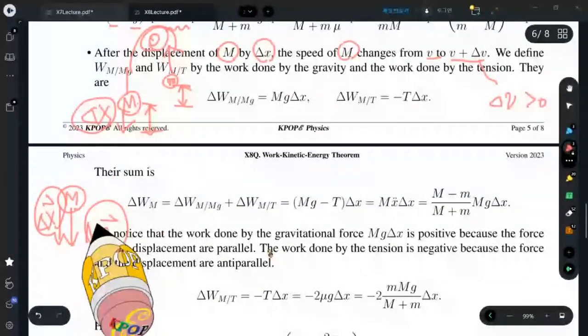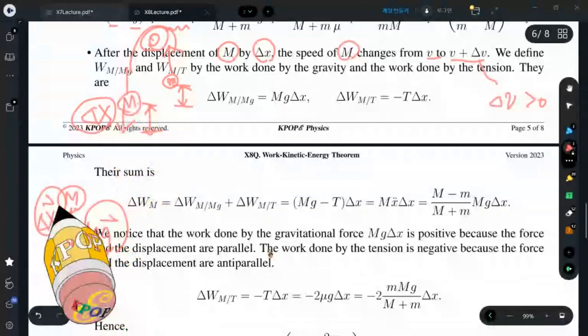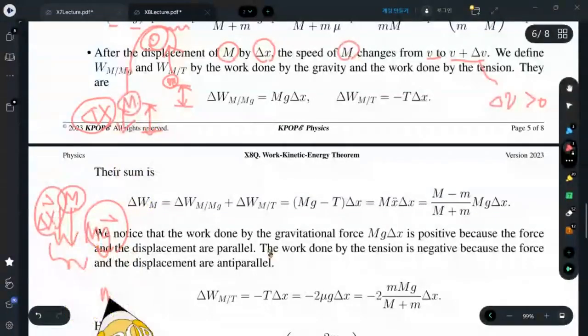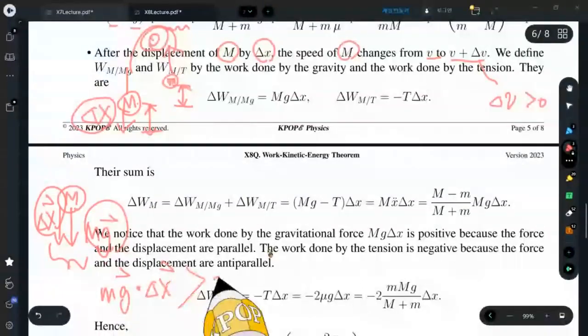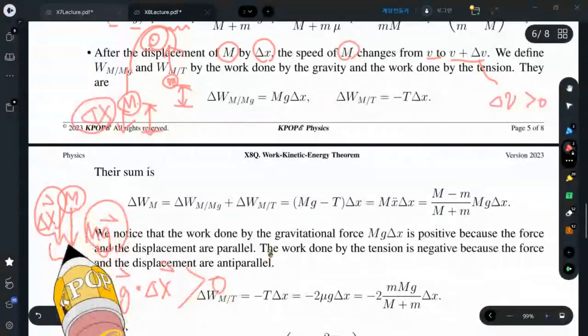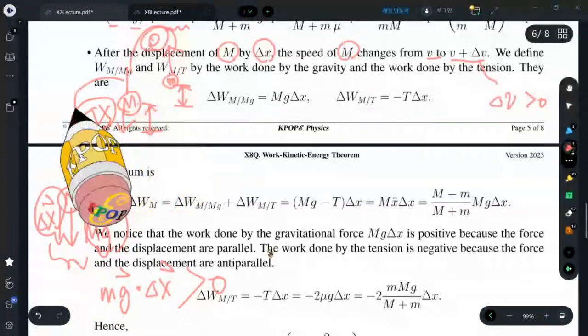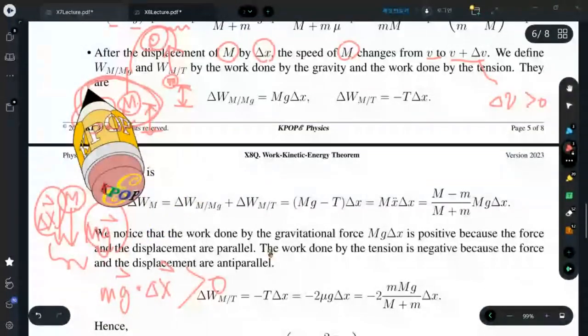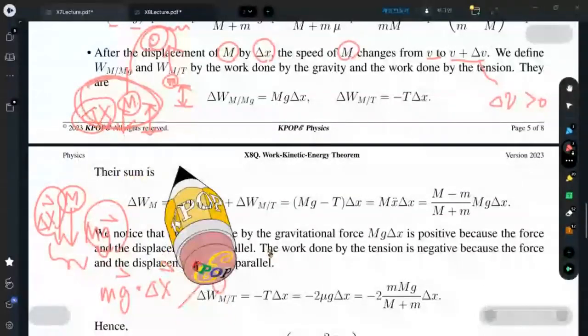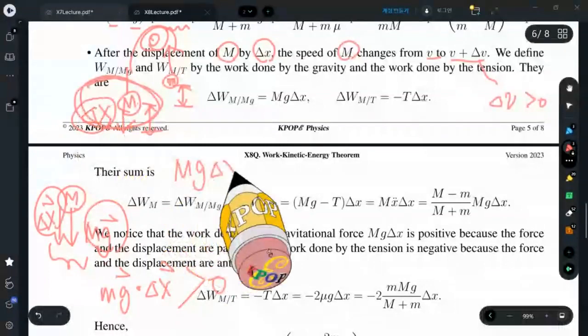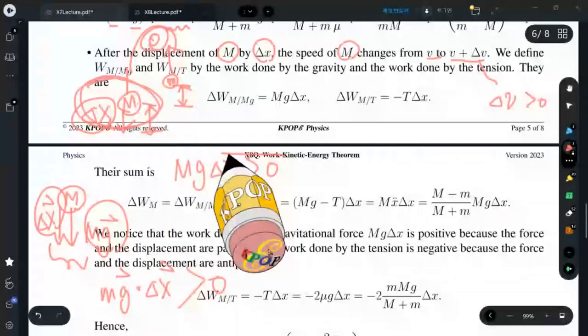Force is going down and displacement is going down, so mg dot dx is positive. So the gravitational force applied to capital M does positive work, Mg delta x.